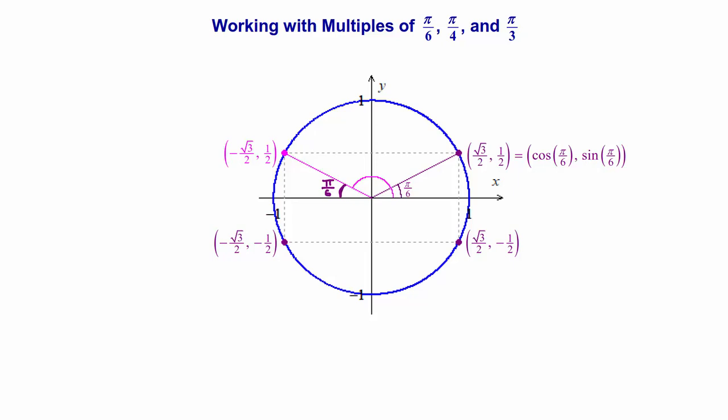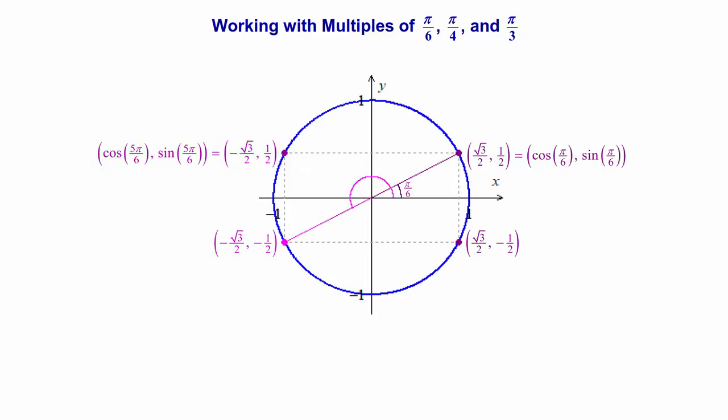So the pink angle is almost a whole half revolution, which is pi, and we're subtracting away pi over 6. And that turns out to be 5 pi over 6. And so the coordinates of that point represent the sine and cosine values of 5 pi over 6.